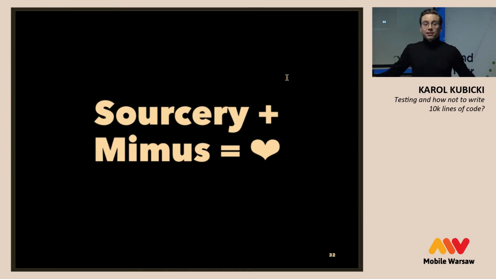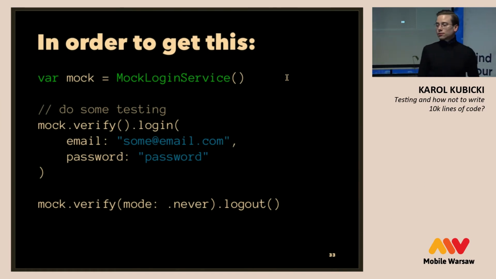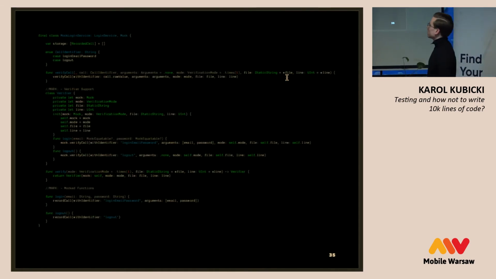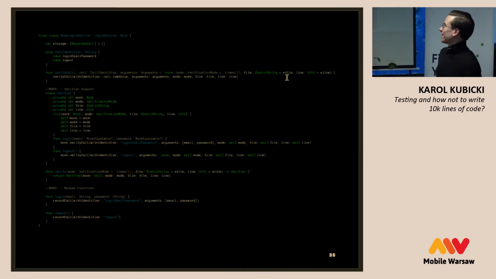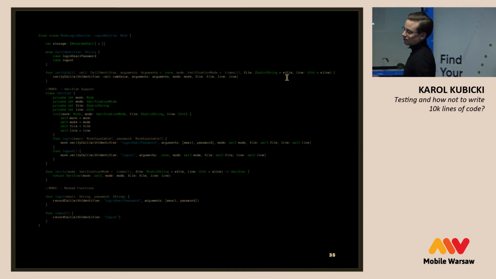So let's combine these two libraries and tools, in order to get what I showed you. We just need to write this. We can just say that LoginService implements Mockable, and Sourcery will find this protocol and will generate this code. You can't read it. That's on purpose, because this is what Sourcery actually generates for us.